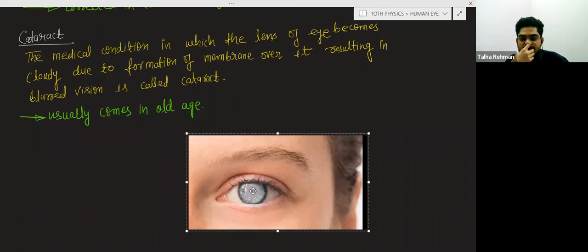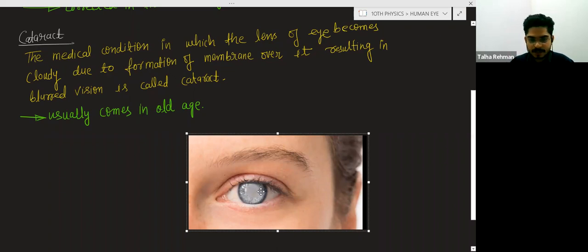Okay, you can see this is a membrane here.